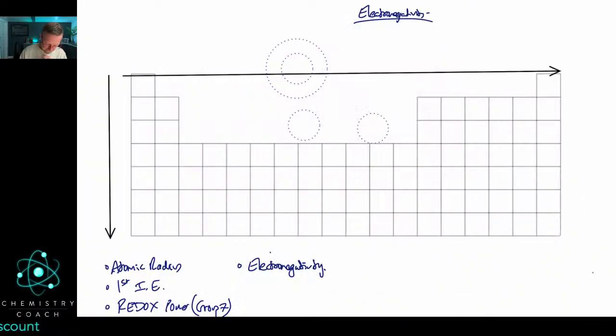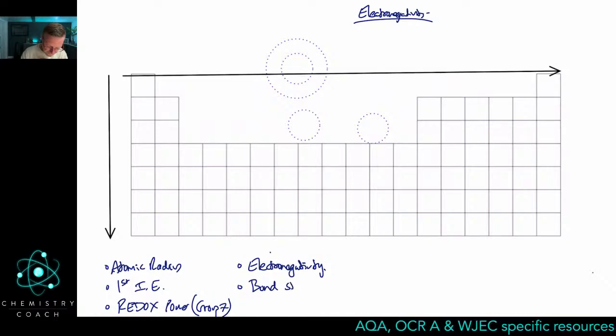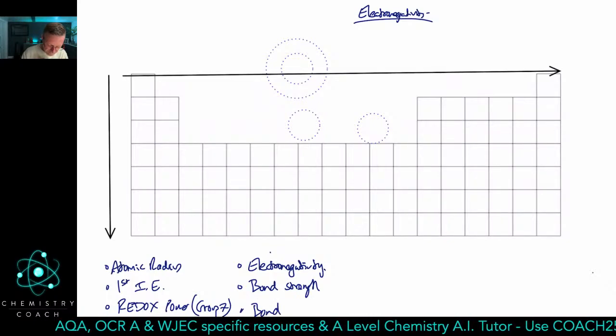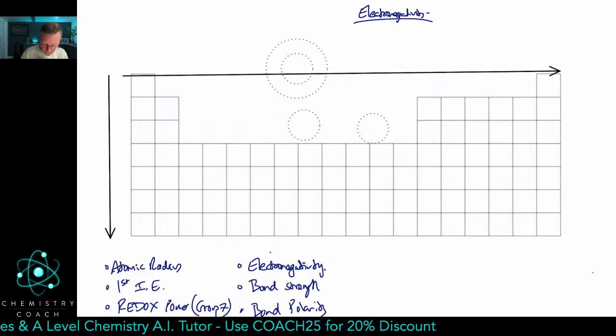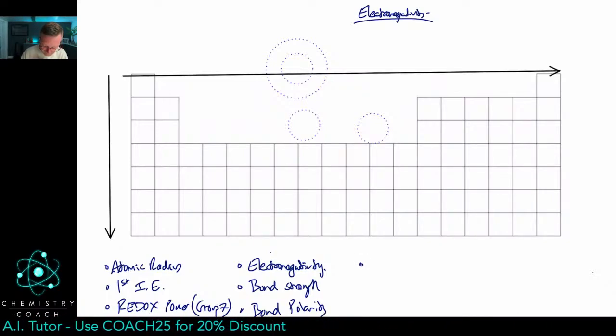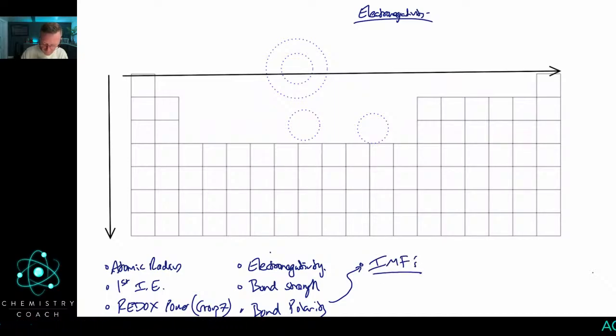So going back, electronegativity dictates bond strength. It also dictates bond polarity, and therefore, because of bond polarity, it affects the type of intermolecular forces you get between molecules. So this is me linking atomic structure to everything.